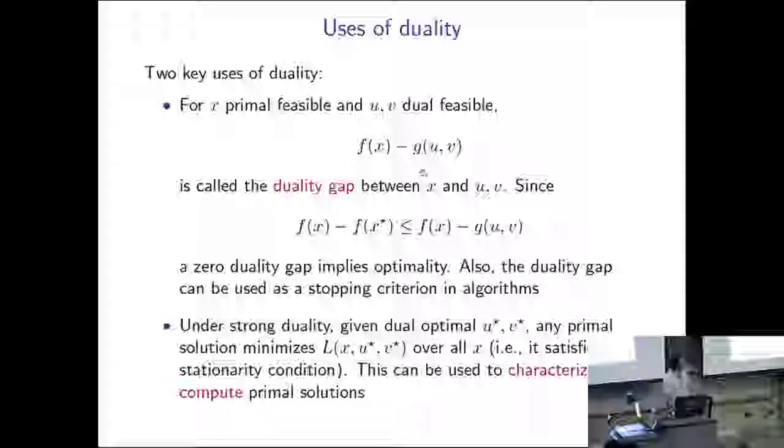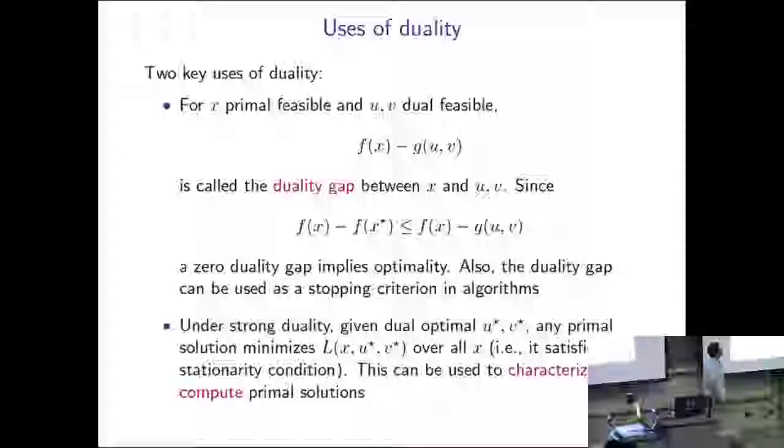So one use of duality is algorithmic. Okay, if we have any primal feasible x and dual feasible u and v, if we look at the difference in the primal criterion at x and the dual criterion at u and v, this is called the duality gap, okay, between, let's say, x and u, v.